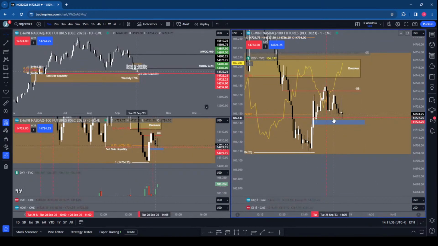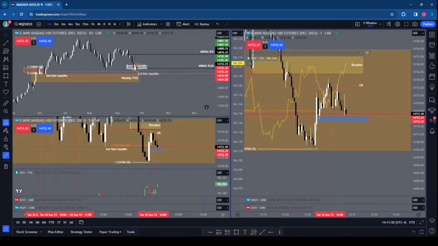Just going to outline that. If we are expecting downside price action, I'd like to see that fair value gap disregarded. So I'd like to see it just trade right through it. Okay, we're making a higher high on the dollar here.